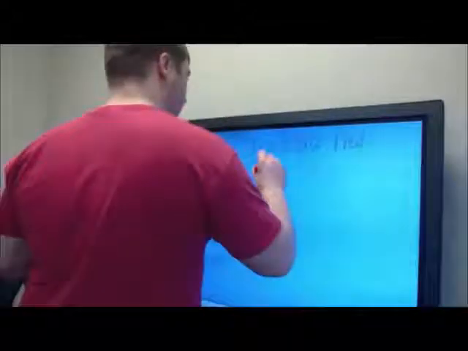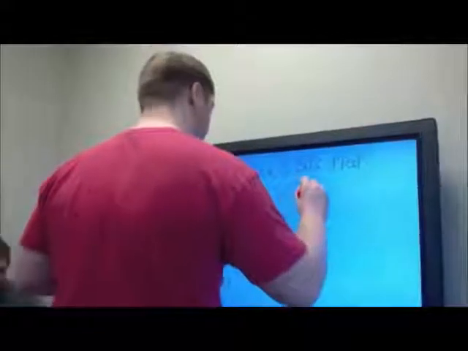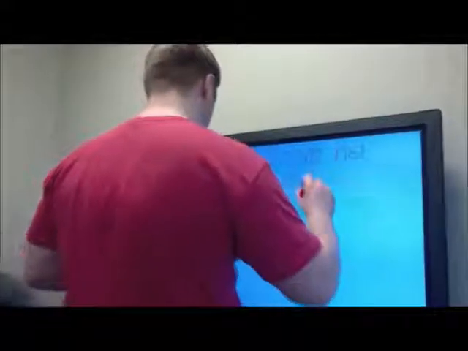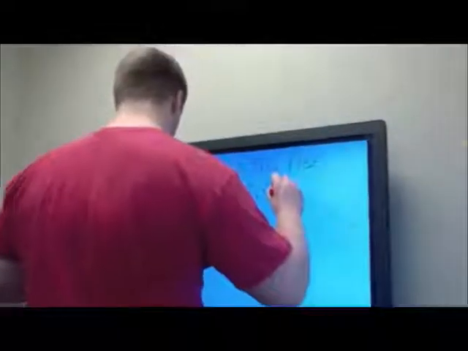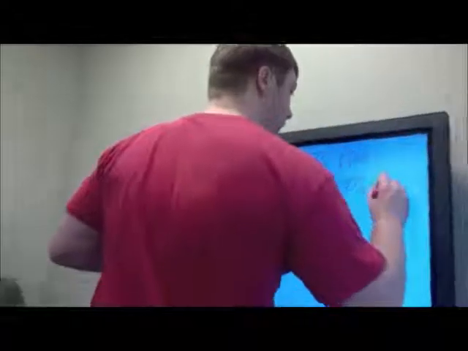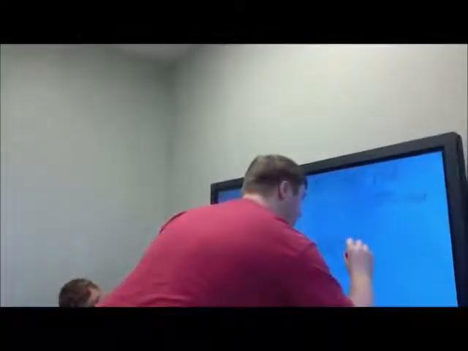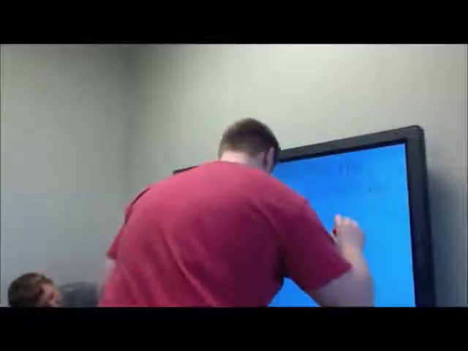So for our model, moderate would be FEV1 greater than or equal to 50% and less than 80% of the predicted. Then for severe, it would be 30% less than or equal to FEV1 less than 50%.